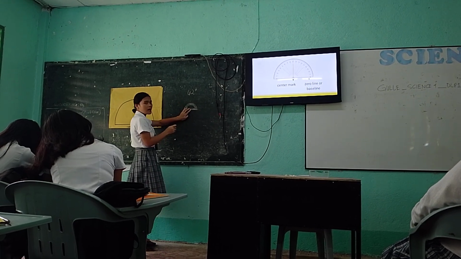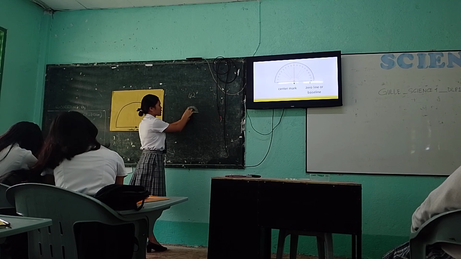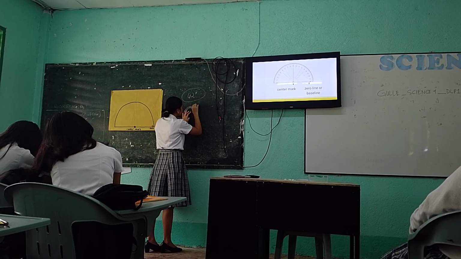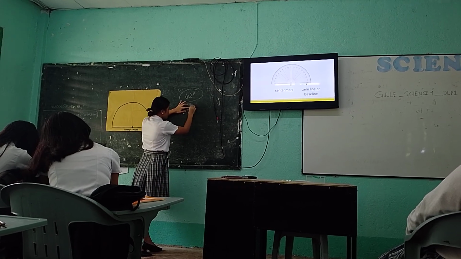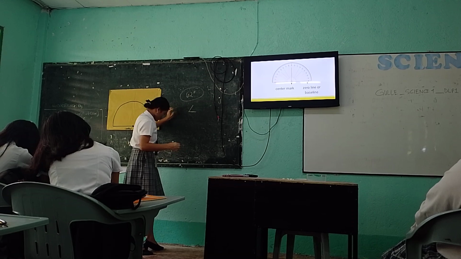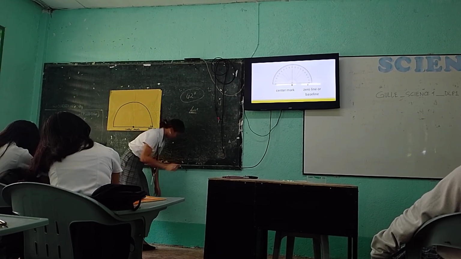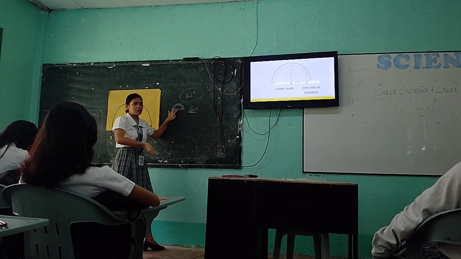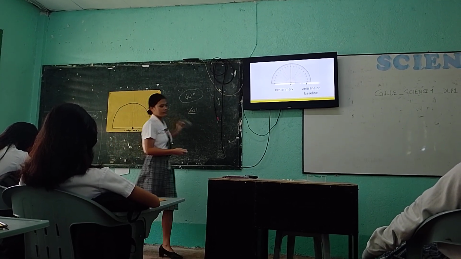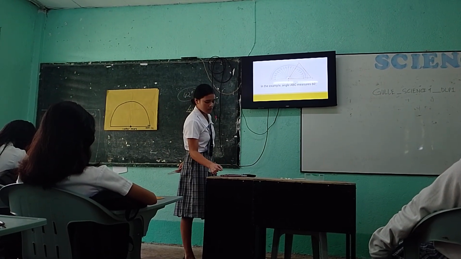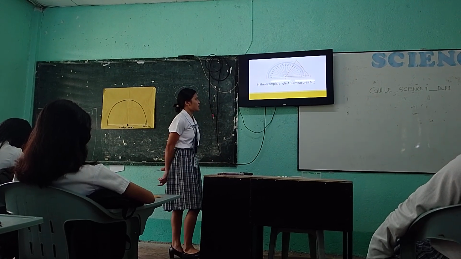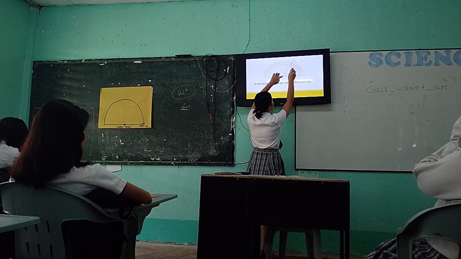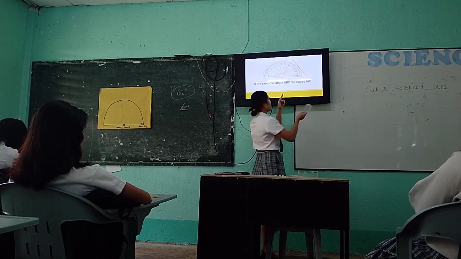And I will find where the 62 degree is here in the protractor, because 62 degree is the angle we are measuring. Then find on the protractor numbers where the 60 degree is. So here is the 60.